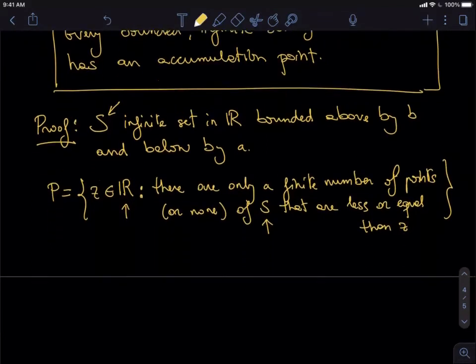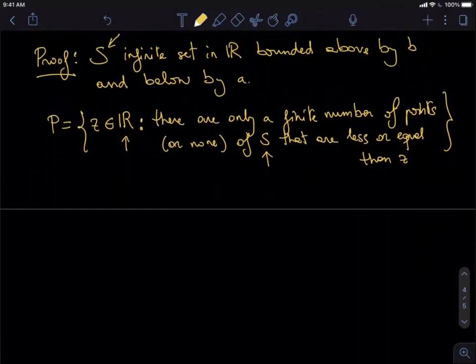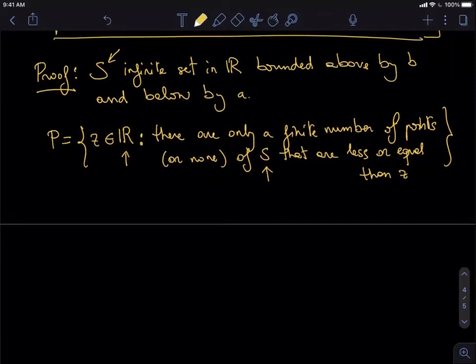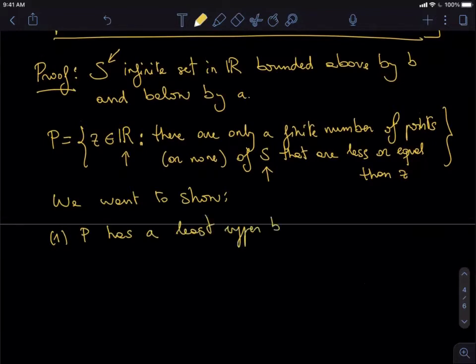Now, what do we need to show here? The first thing is that P has a least upper bound, let's call it lambda.